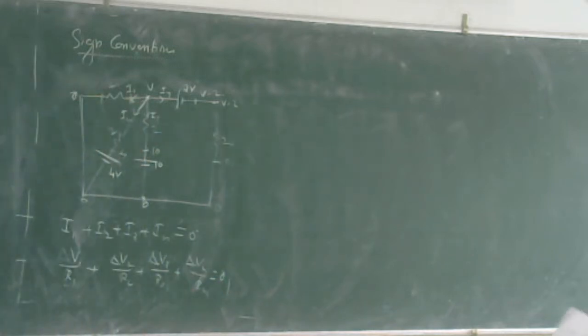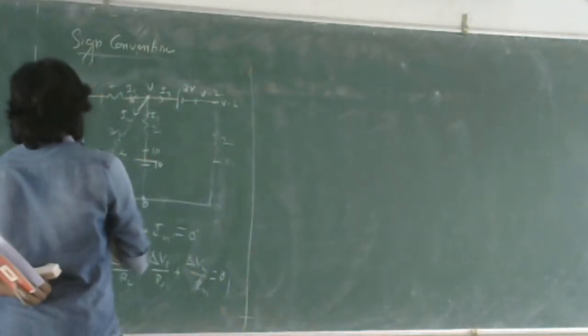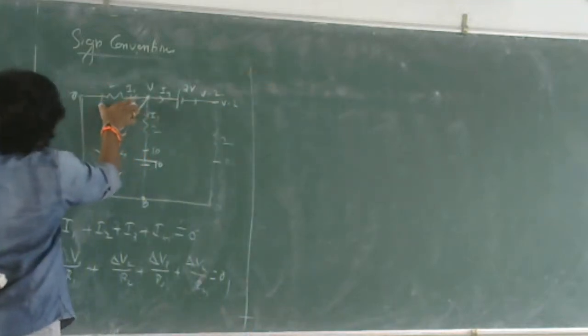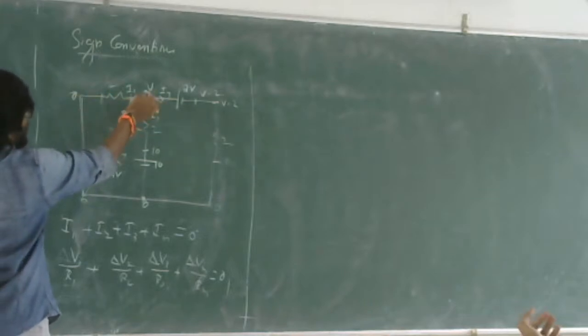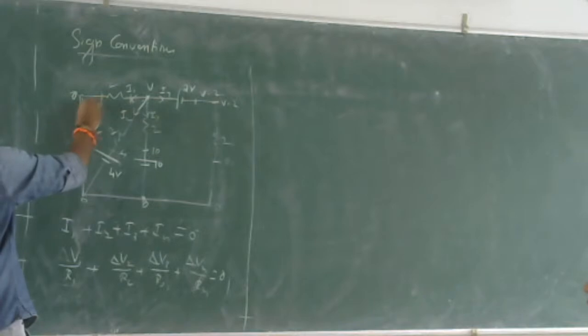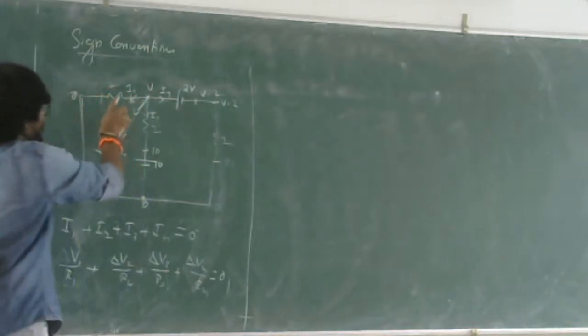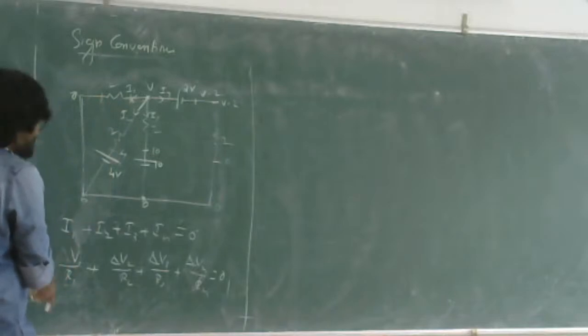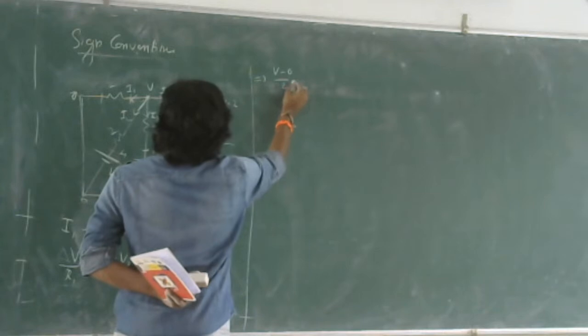Got it? Next step: for the first resistor, delta V1 is the potential difference between these two. This is 0 and this is V. So V minus 0 is the potential difference, and V minus 0 by resistance 2 gives you the current. So this can be expressed as V minus 0 by 2.